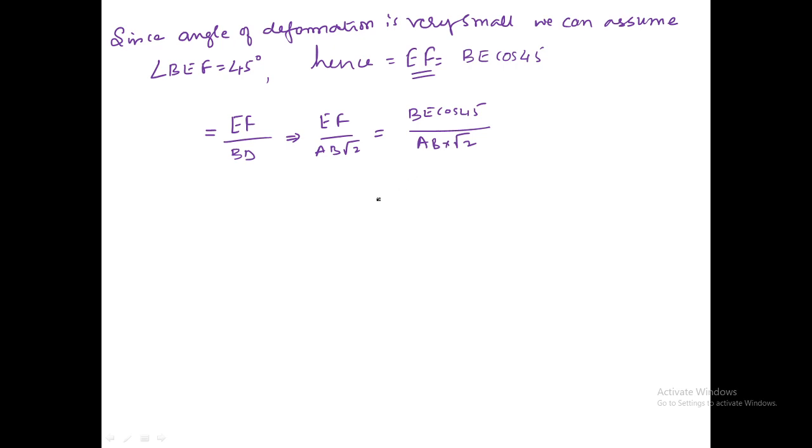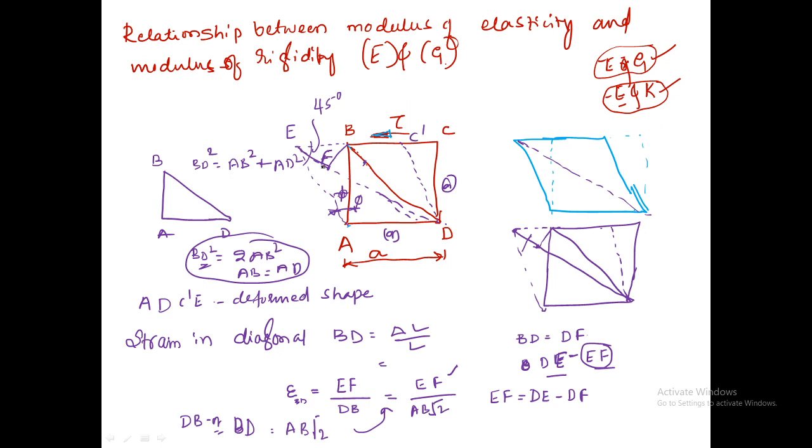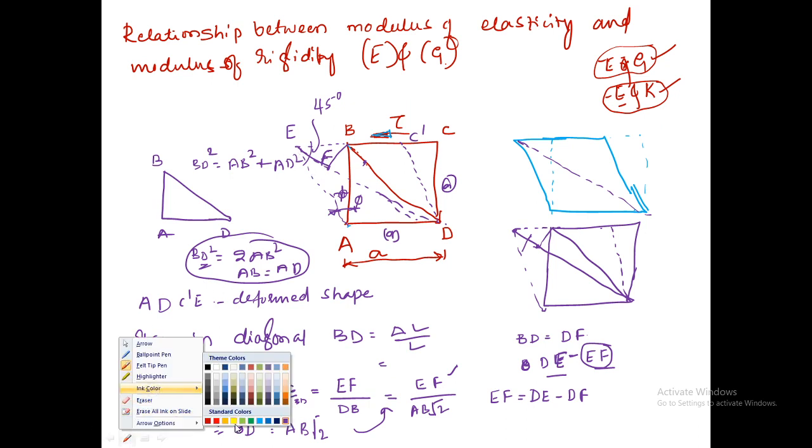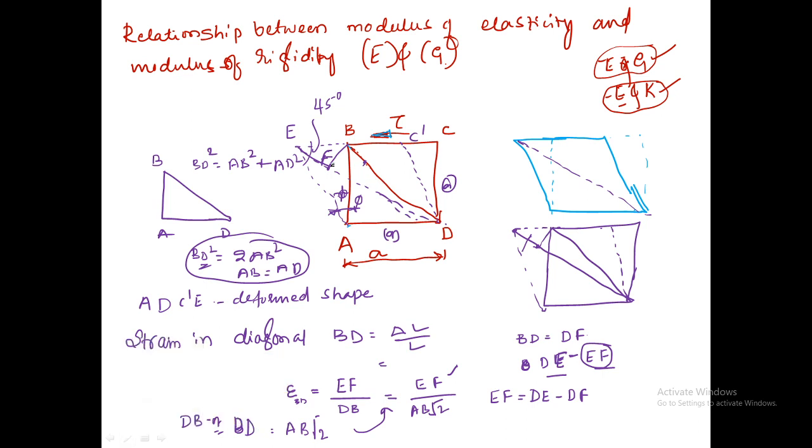So what will we get by the relation here? BE divided by AB. If you look at the previous figure, what relation will we get for this portion? BE divided by AB, trigonometric functions.